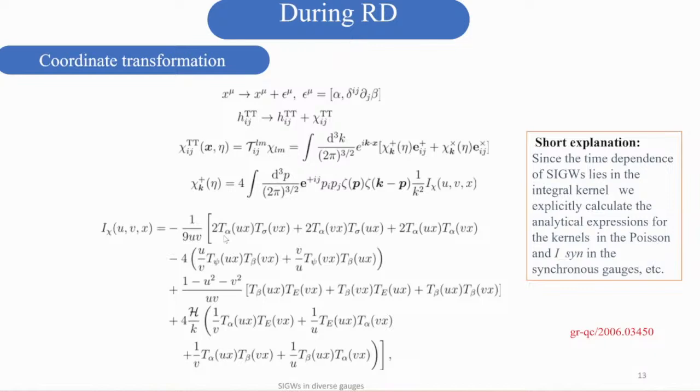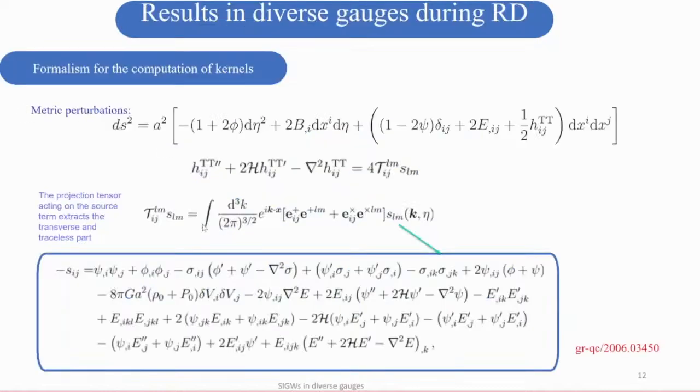Okay, but the Einstein equation is a second order equation. Yes, basically this is the second order equation. Here I just drew the tensor part, included with the scalar perturbation.